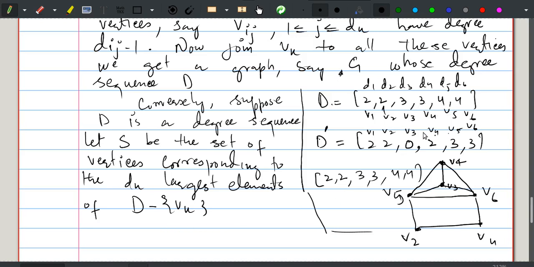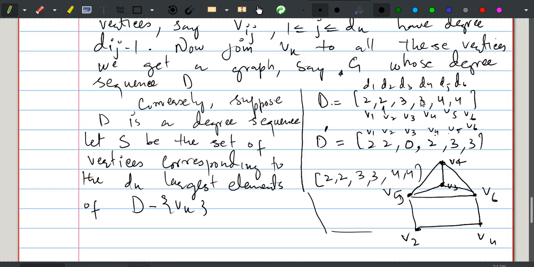So in this case the entry which we laid off is D3. So our vertex will be v3, and the set S is a set of vertices which correspond to the largest D3 entries, that is 3 entries of D. So the largest 3 entries of D are 3, 4, 4.